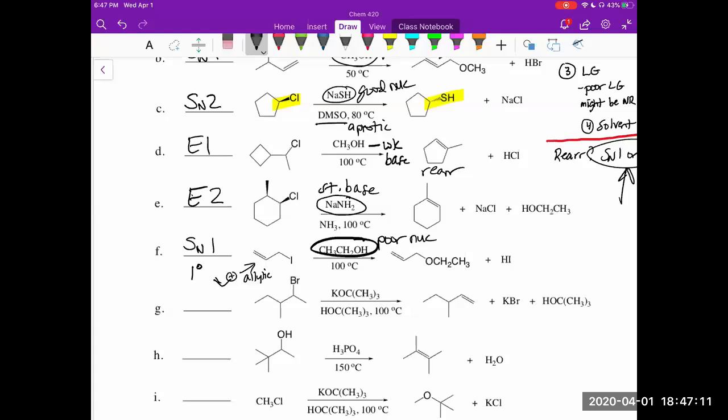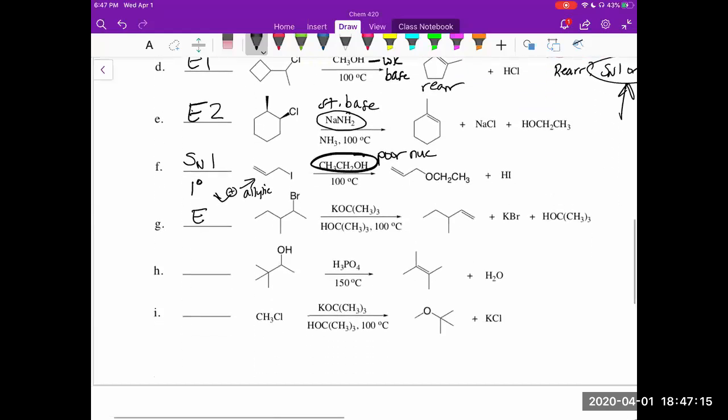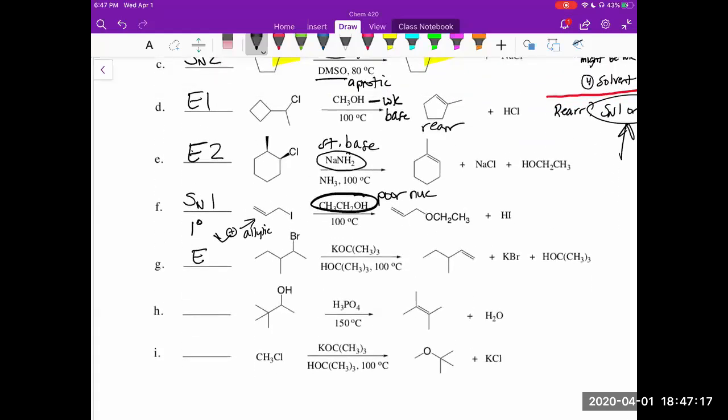Okay, this next one for you guys, all you had to answer was E. You create a double bond. Now, can you tell me what kind of E it is? Is it a 1 or a 2? E1. Looking at 1, I'm going to redraw this thing at the top.